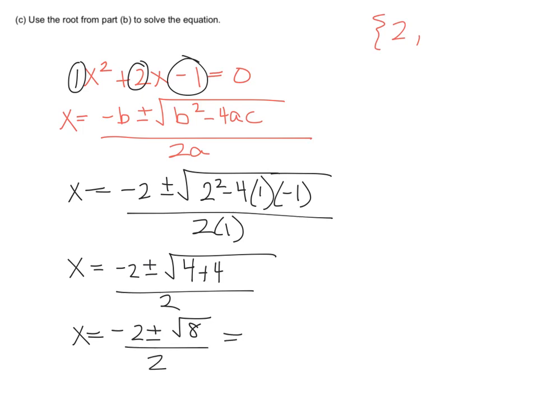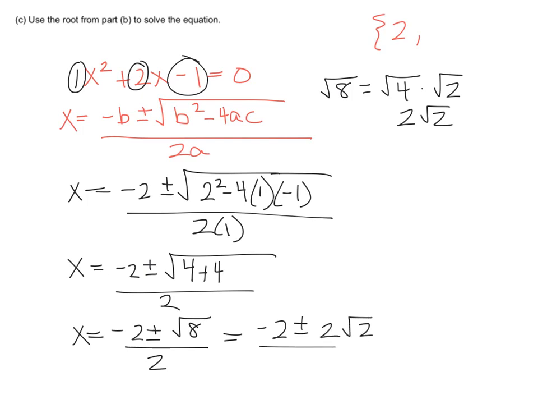And we can simplify the square root of 8 because the square root of 8 is the same as the square root of 4 times the square root of 2, which is 2 square root 2. Lastly, we can simplify by reducing each coefficient by the denominator, which is 2.